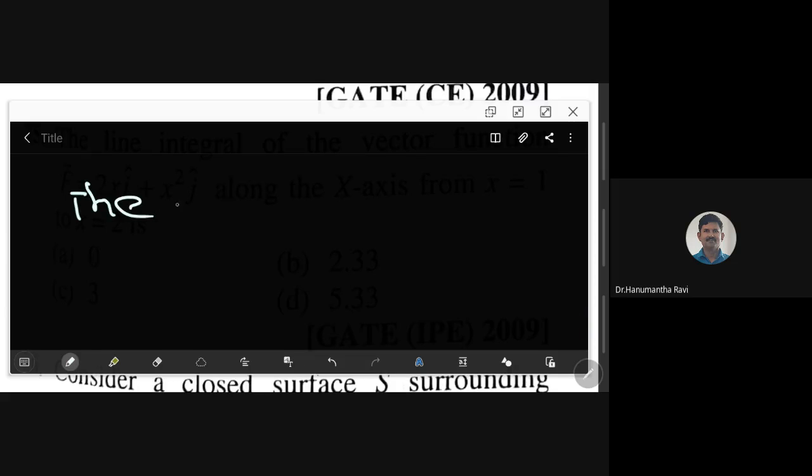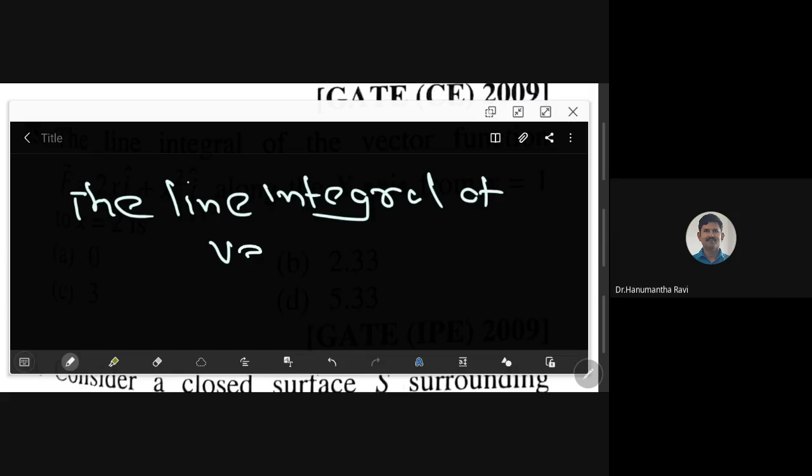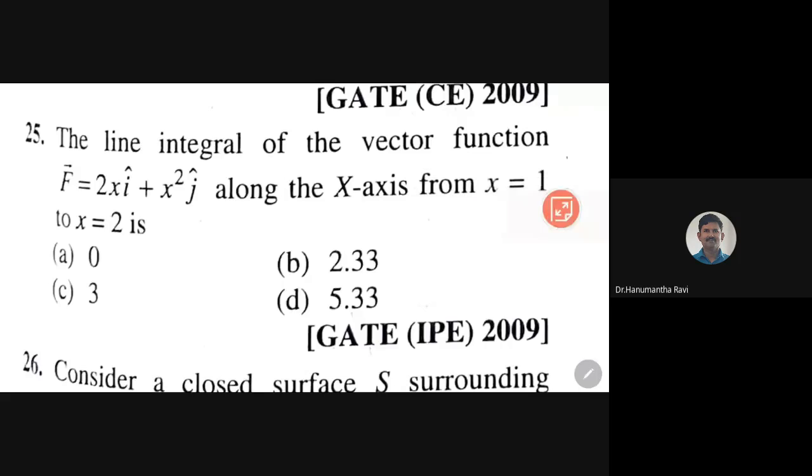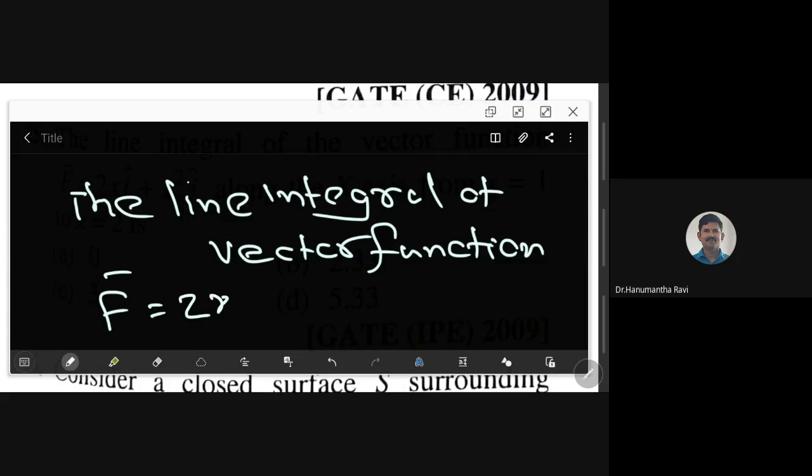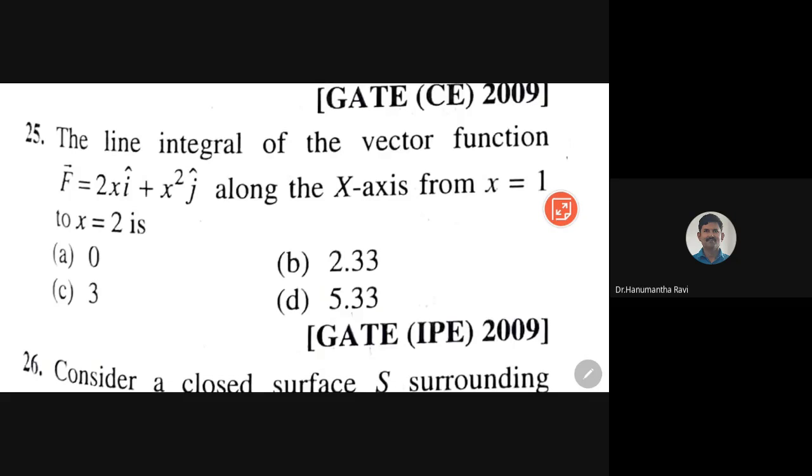The line integral of the vector function. What is that vector function? F bar is equal to 2x i bar plus x square j bar. Now along the x-axis from x equal to 1 to x equal to 2.